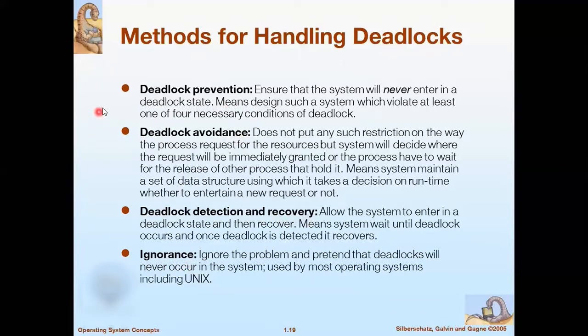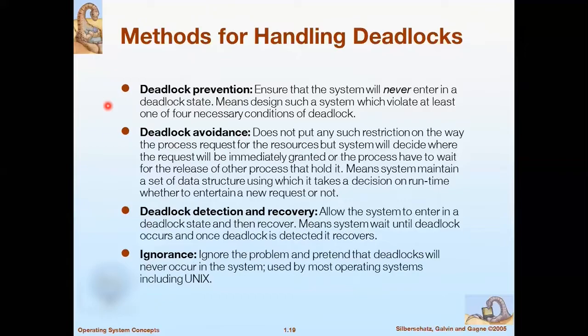Before discussing broadly how the operating system handles deadlock using these approaches, I want to share some real-life examples which will help you understand the concept much more clearly. In our real life also, we use these types of approaches to solve problems.